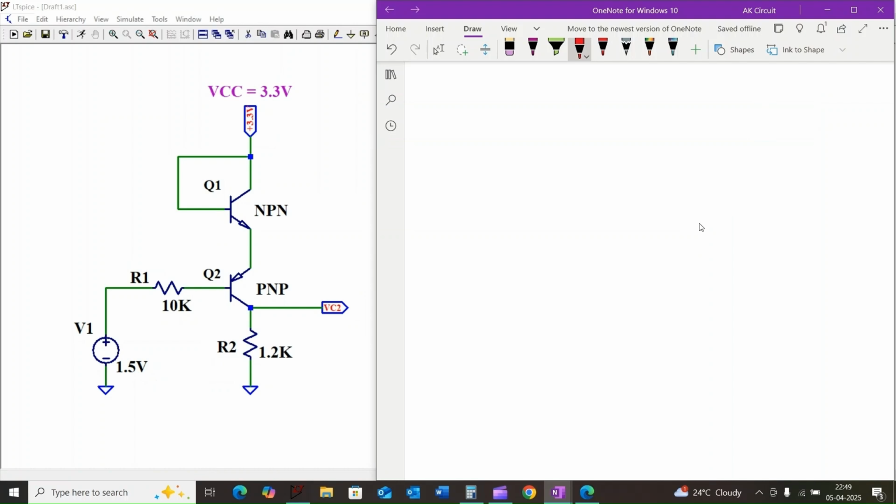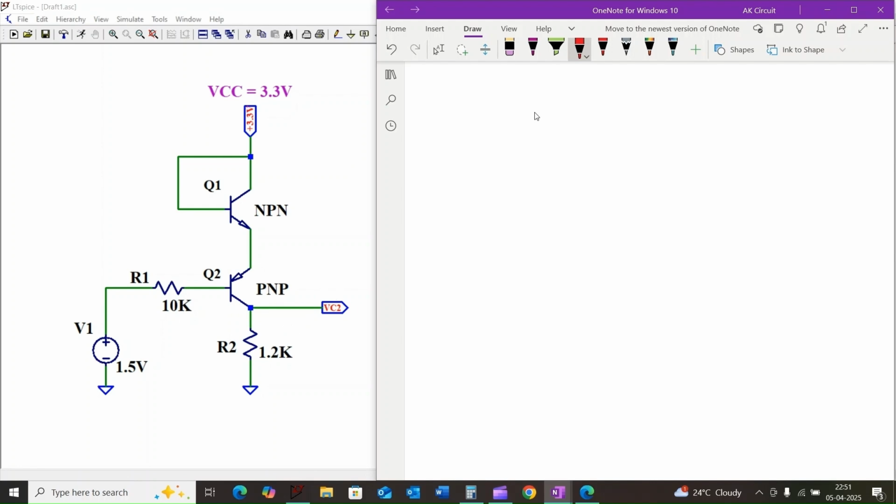Today we are going to discuss another common electronic problem: finding the collector voltage across the transistor in a multi-transistor circuit. Specifically, we'll be focusing on finding VC2 in this circuit right here.